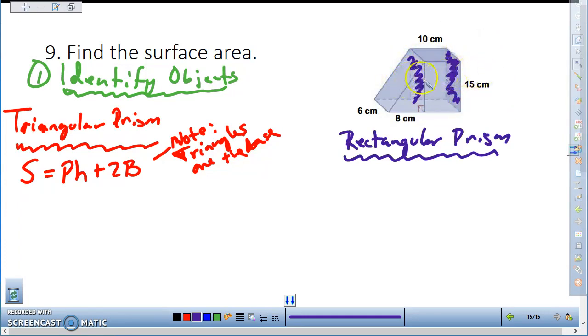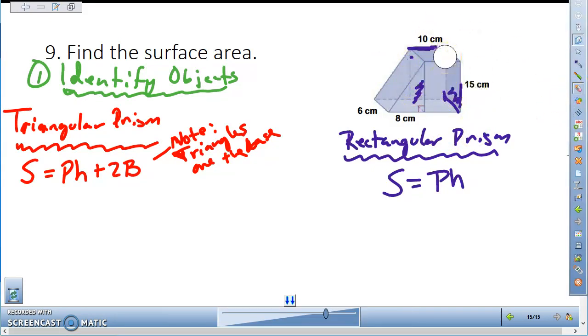I'm going to treat those as the bases, so those are going to be my 2 bases. So I'm going to use the formula S equals pH, and I'll have to calculate the perimeter that is going around here, and then multiply by this height there to give me my lateral area. So you'll see all of that when we get there.